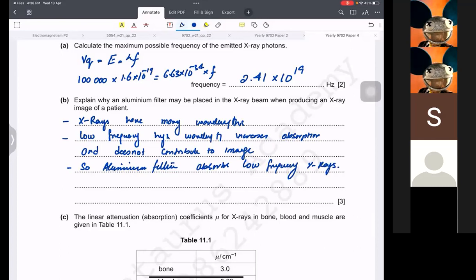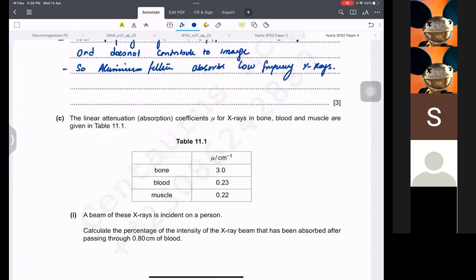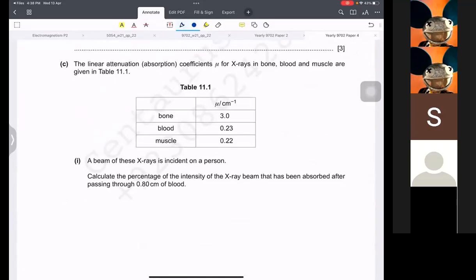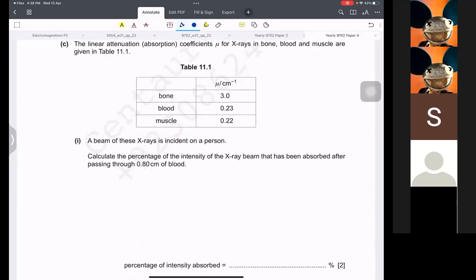3 mark. Now they have given you the linear absorption coefficient of bone, blood, and so on, and they say the beam of X-rays is incident on a person. Calculate the percentage intensity of the X-ray beam that has been absorbed after passing through 0.80 centimeter of blood. So intensity equals I naught e to the minus mu x. That is the formula. You should remember this.